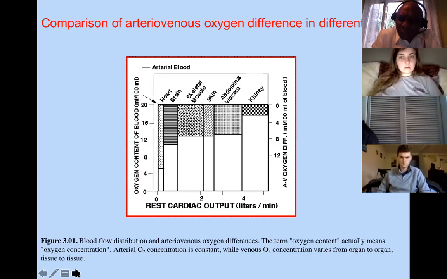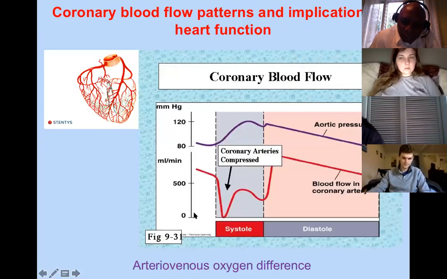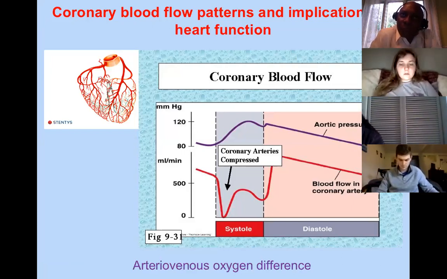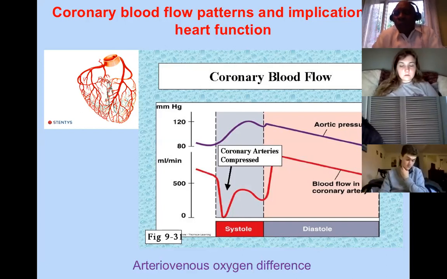Why is this the case? Because of this disruption in the blood flow. So it's almost like, you know, we're going through the COVID-19, there's a lot of uncertainty, people are losing jobs, people are not certain about the future.